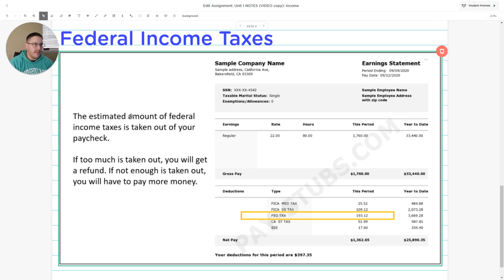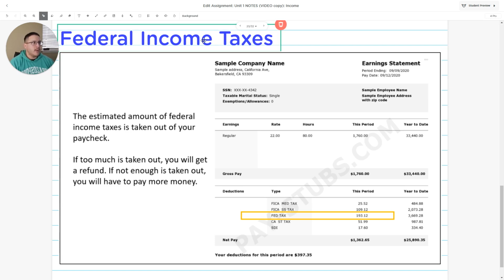Federal income taxes. The estimated amount of federal income taxes is taken out of your paycheck. If too much is taken out, you will get a refund. If not enough is taken out, you will have to pay more money. So federal income taxes are based on many different factors: your marital status, how many children, how many dependents you have, whether you're making a certain amount in a certain bracket.